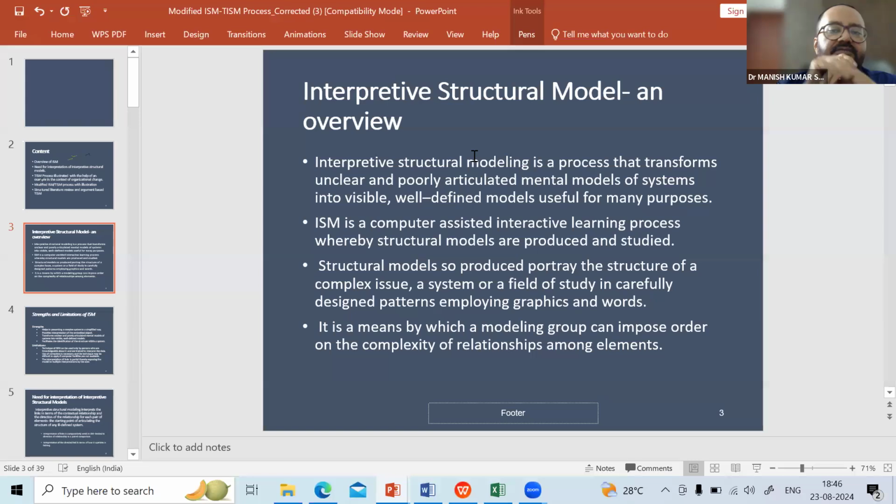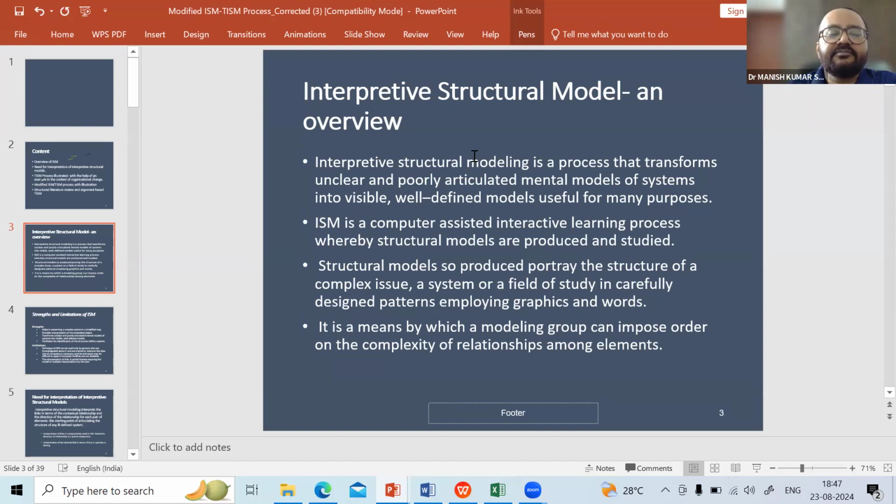It means we have 10 factors, maybe barriers or enablers to a particular phenomenon, but we don't know how much and in what way they are related to that phenomenon. That's what ISM is actually explaining.